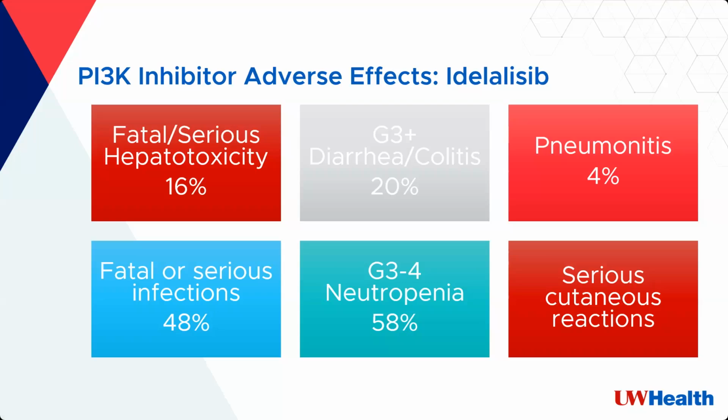For lower grade diarrhea, you can use antidiarrheal agents, but when it gets to be higher grade, you're actually using things like steroids. Pneumonitis risk is about 4%. Up to 48% of patients will have fatal or serious infections. That includes CMV reactivation and PJP pneumonia, so PJP prophylaxis is required with idelalisib. There are also high rates of neutropenia, and high rates of serious skin reactions.